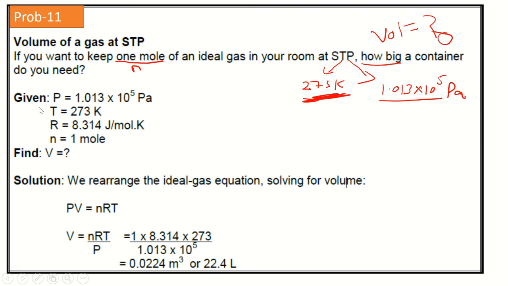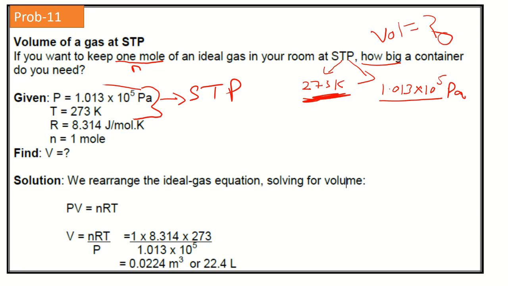Now the given data: the pressure is 1.013 into 10 to the power 5 Pascal because it is the standard value, and the temperature is 273 K. These two values we have taken from STP.